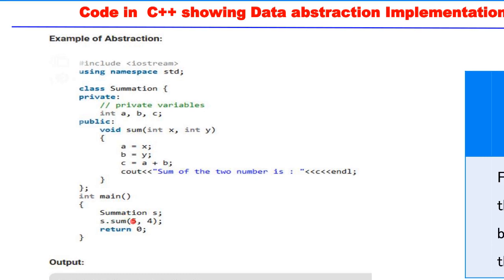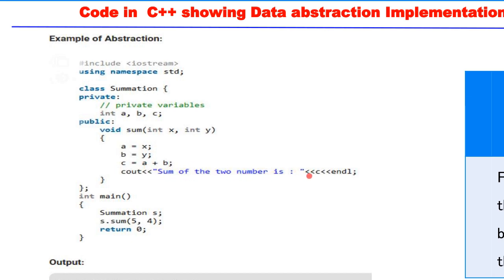Then these two numbers are taken in from the main function to this particular sum function and placed in x and y. Then the x and y are used to access the private section, whereby a has taken the value of x, b has taken the value of y, and then c does the computation of a and b.